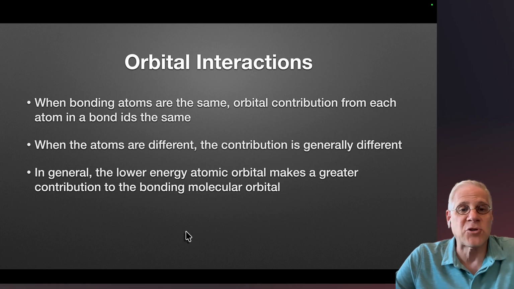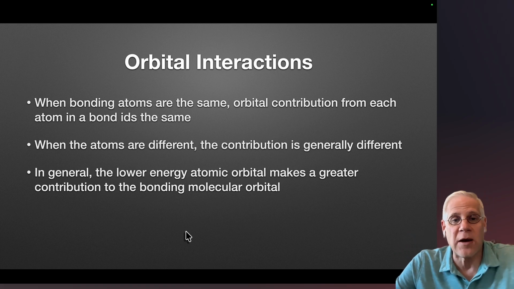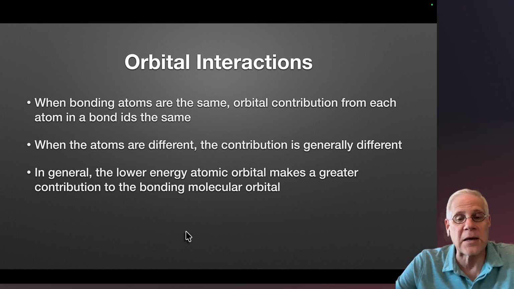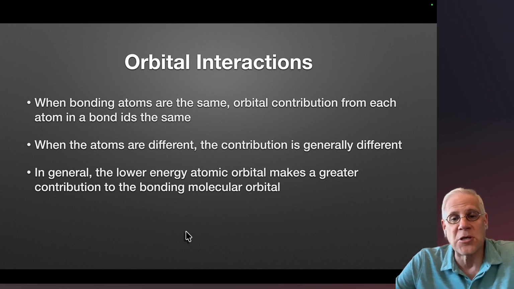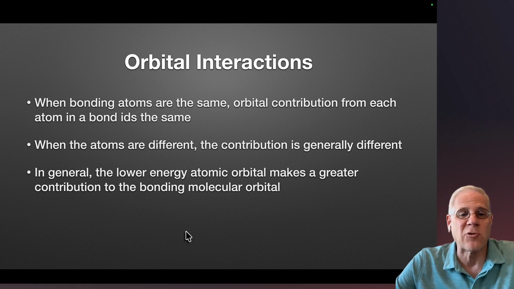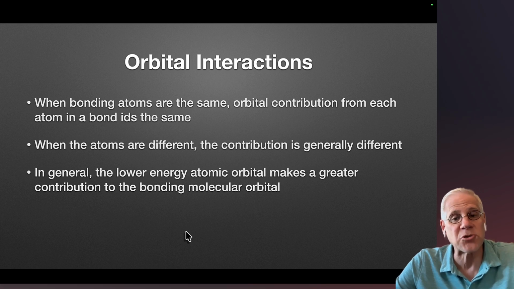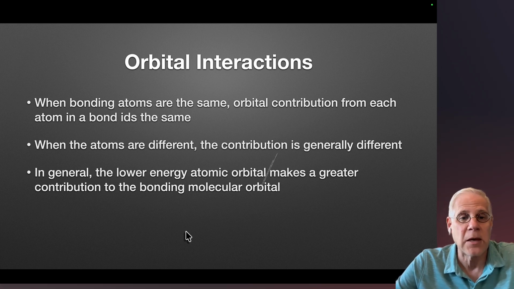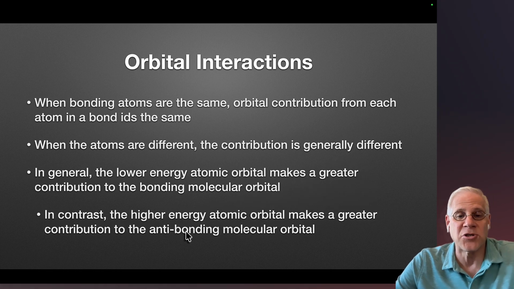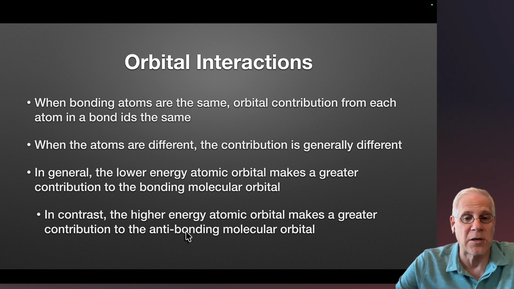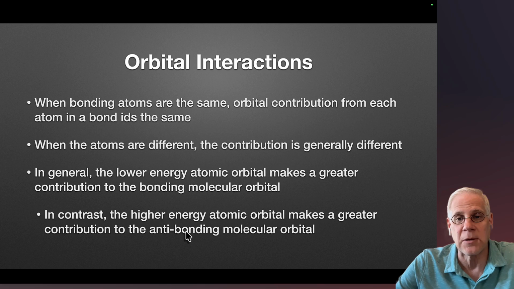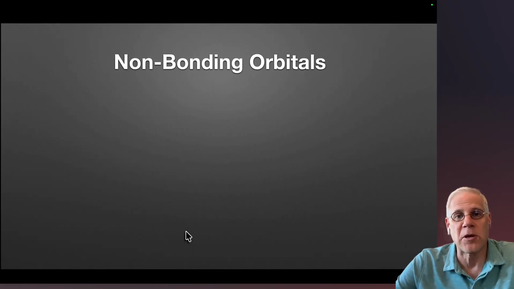If you have two orbitals interacting, again, they're going to have a lower energy orbital for bonding and a higher energy orbital for anti-bonding. The lower energy atomic orbital will make a greater contribution to the bonding molecular orbital because it's closer in energy to that molecular orbital. And the higher energy atomic orbital will make a greater contribution to the anti-bonding molecular orbital. We'll see an example of that here in a moment.